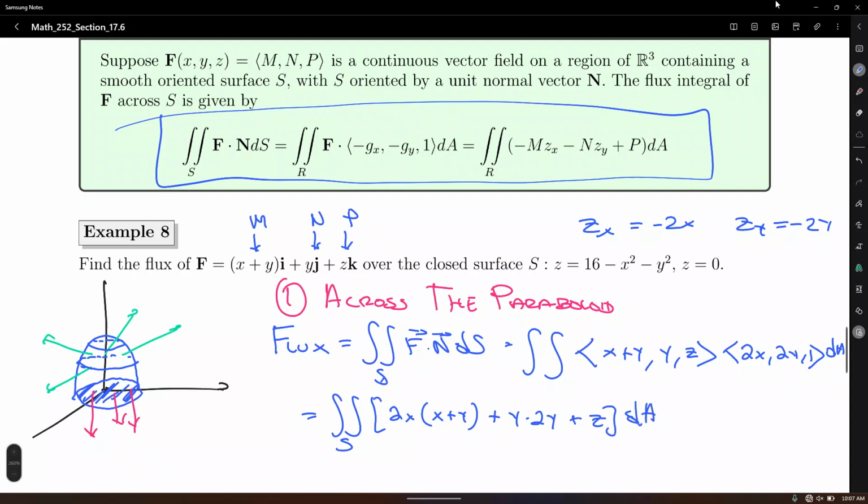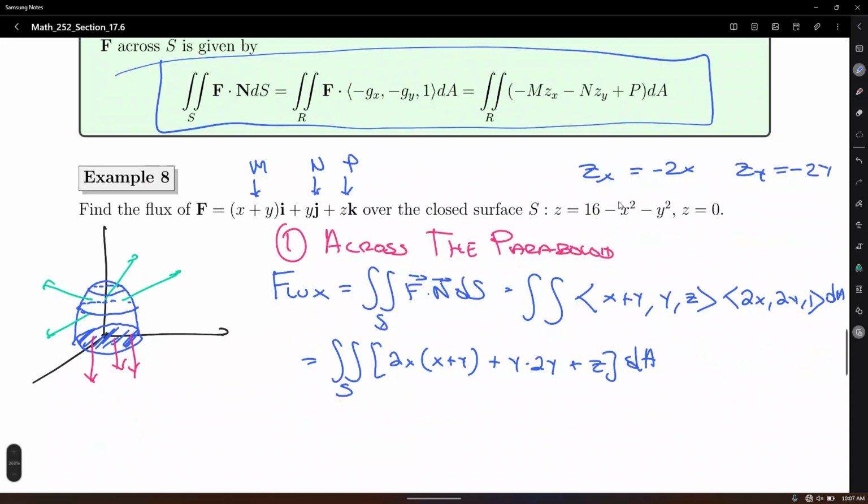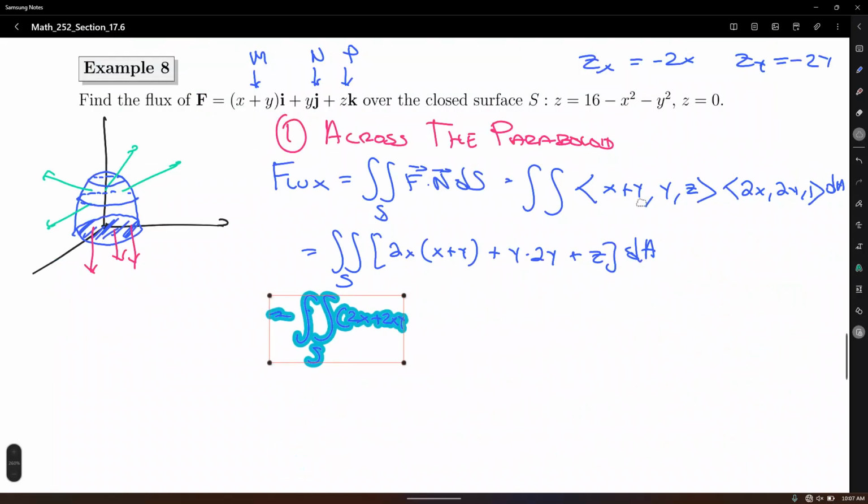I'm not iterating yet. That equals the double integral of 2x squared plus 2xy plus 2y squared plus z dA.